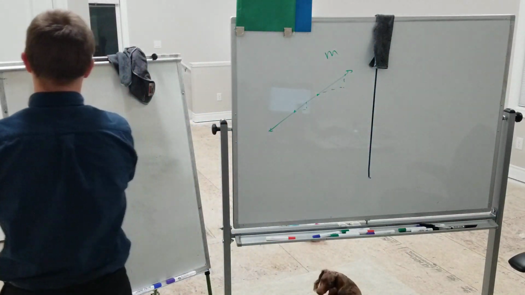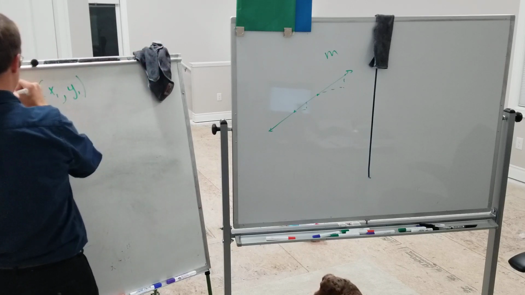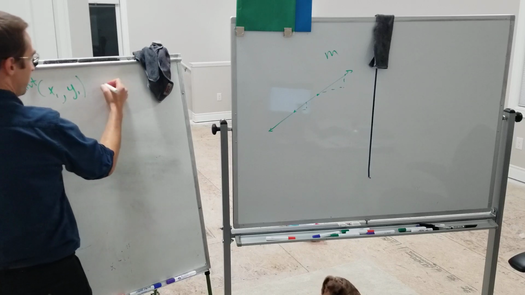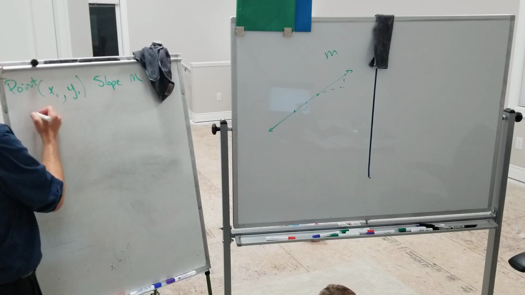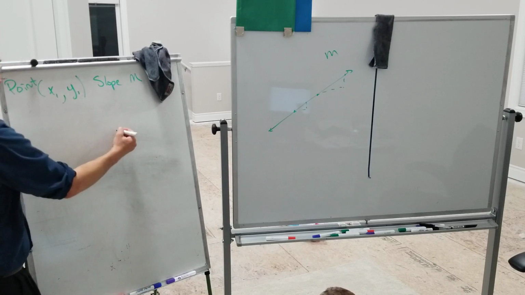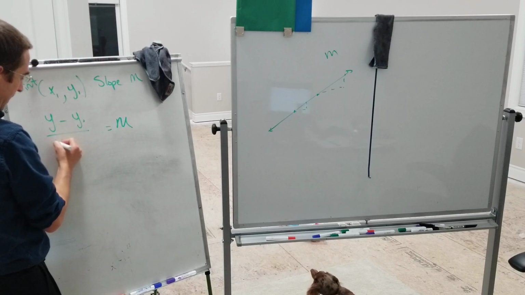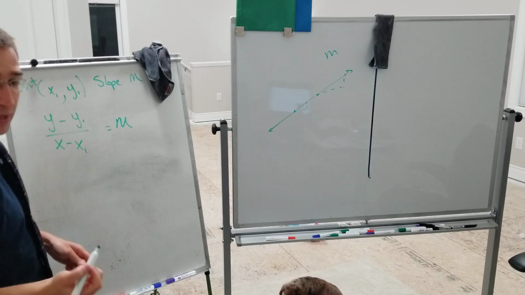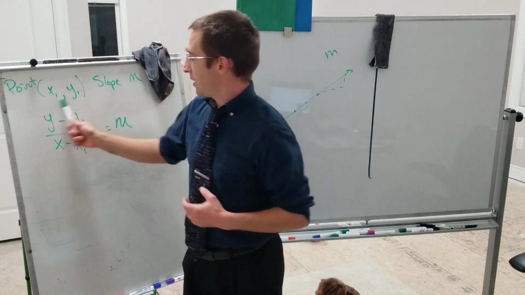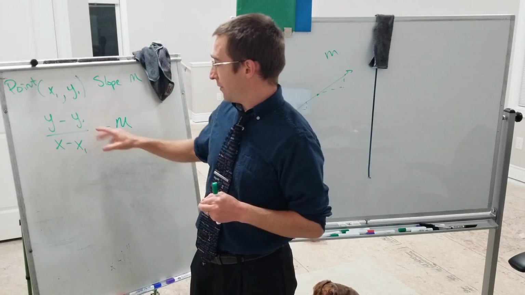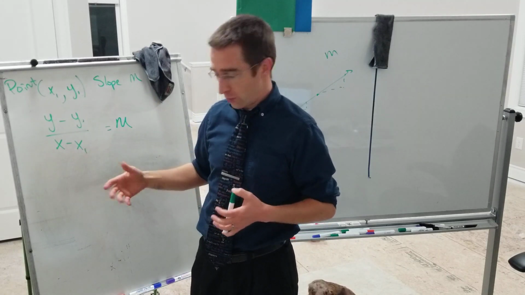So if I take a point, x sub 1, y sub 1, and I have a slope, m, I can say the slope, m, is y minus the y number divided by x minus the x number. Remember, slope is change in y divided by change in x. So this is always going to be true for a certain line. If you have a certain line that goes through this point and has this slope, any x, y on that line is going to make this equation true.